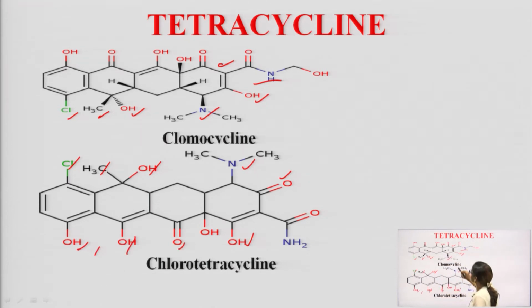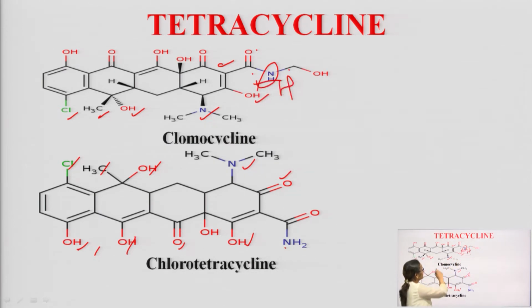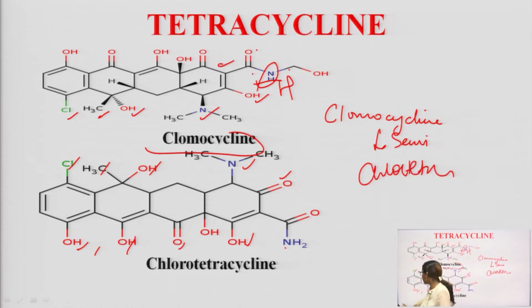The only difference in clomo and chlortetracycline is that chlortetracycline, because it is natural, has CONH2, but here the CO group is there, while a hydrogen of this NH2 group is replaced by CH2OH. So, this is a semi-synthetic derivative. This clomocycline is a semi-synthetic derivative of what? Chlortetracycline. We all know that chlortetracycline is a natural tetracycline.